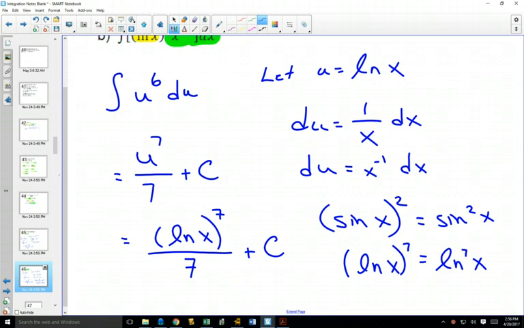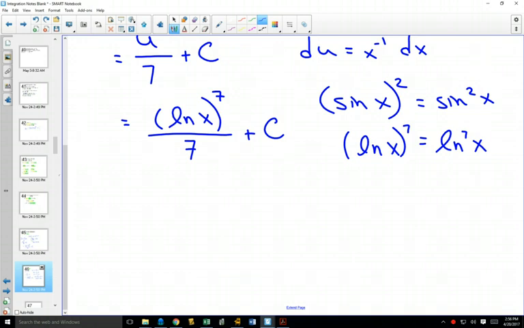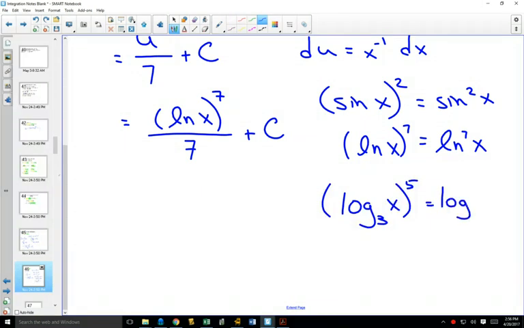Just like sine, you can put the 2 in between the sine and the x. Okay? This, should you be able to do that with logarithms? I mean, so that would mean if you had log base 3 of x to the power of 5, you could write it as log base 3 of x with 5 up there. Would that be too crazy?